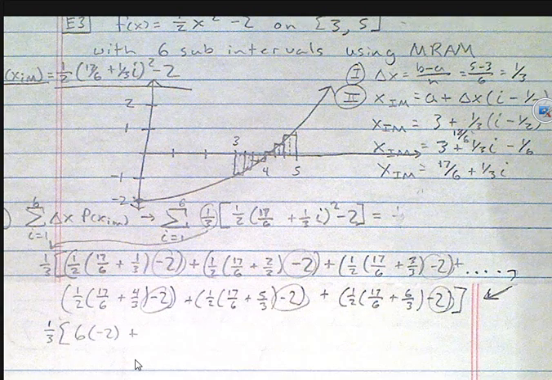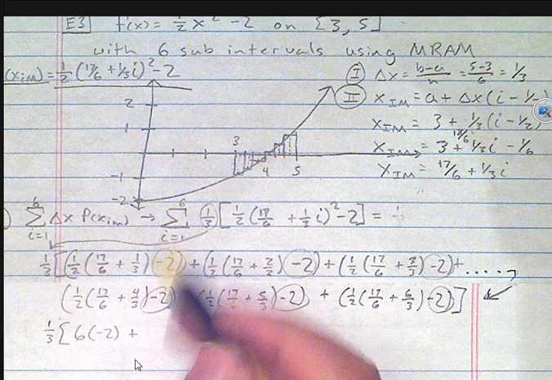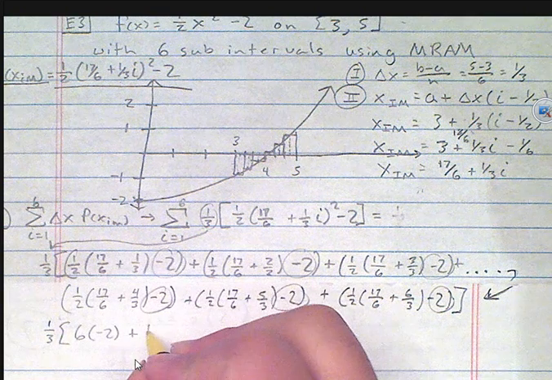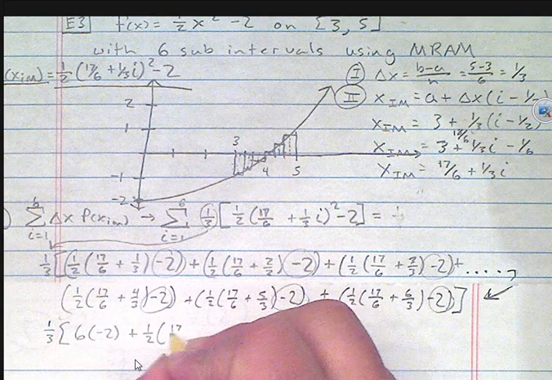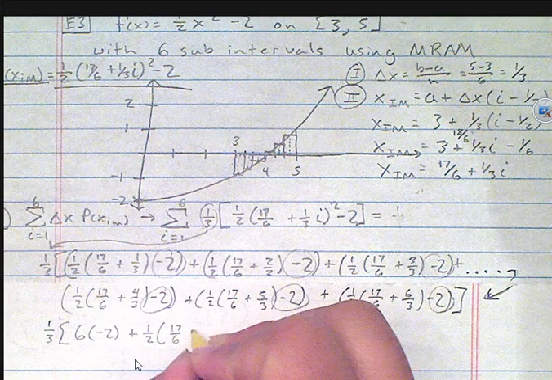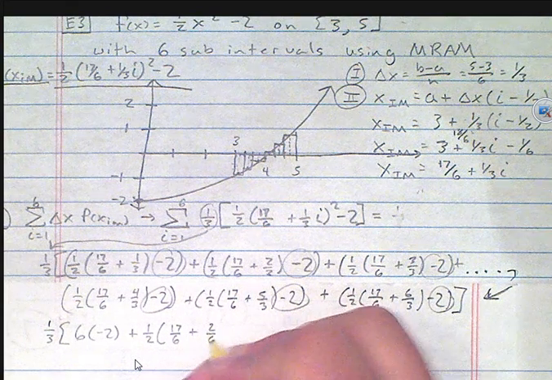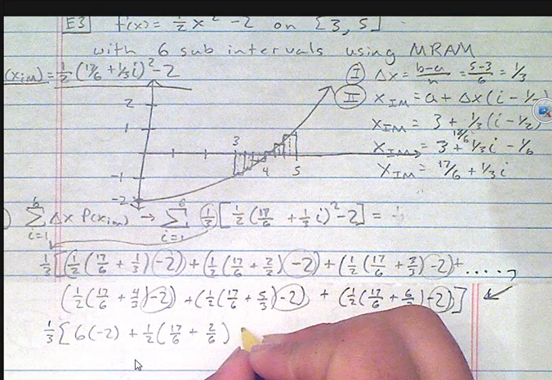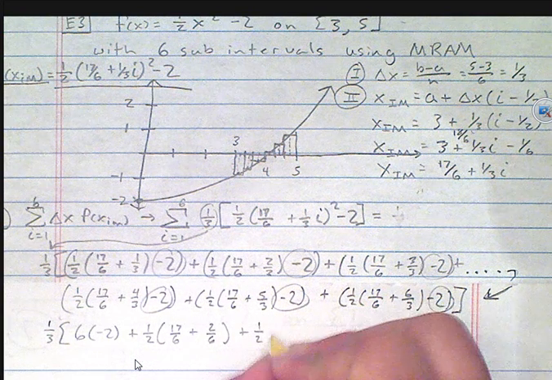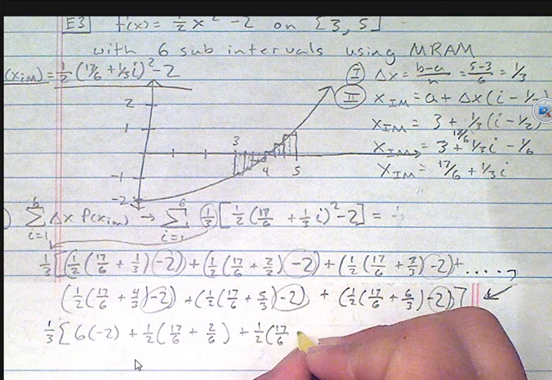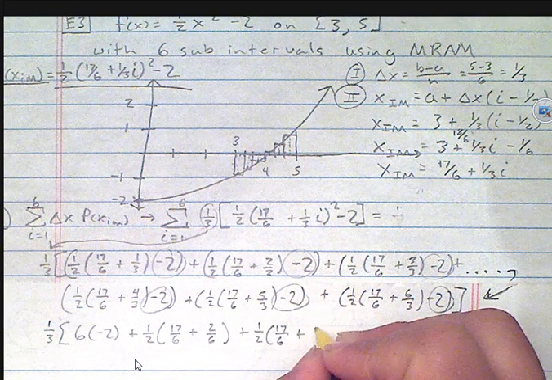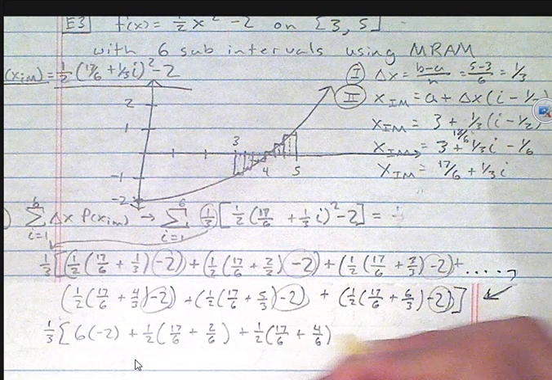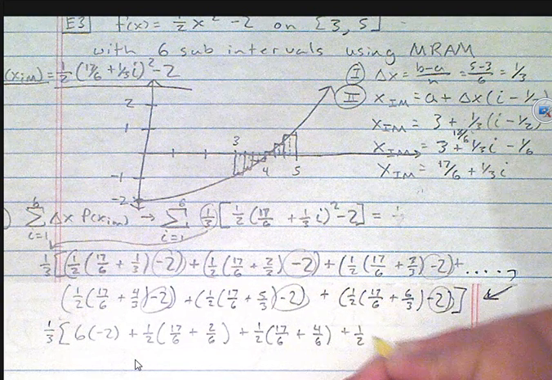Now plus 1/2, and I'm going to start with the common denominator: 17 over 6 plus 1/3, well that's 2/6, and then plus 1/2 of 17 over 6 plus 2/3, that's 4/6. And now we have a pattern, so it's easy to continue.